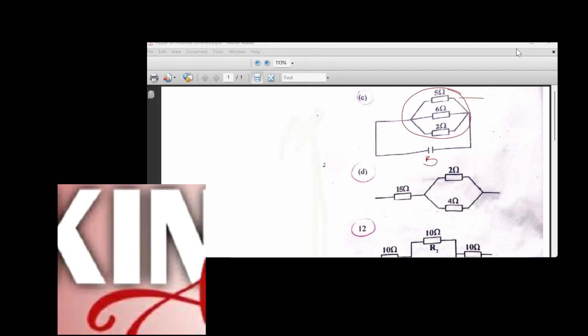So this is an example of a parallel connection. Remember, we established that in our last class. So now, we remind ourselves that in a parallel connection, you have this particular rule that guides its establishment.